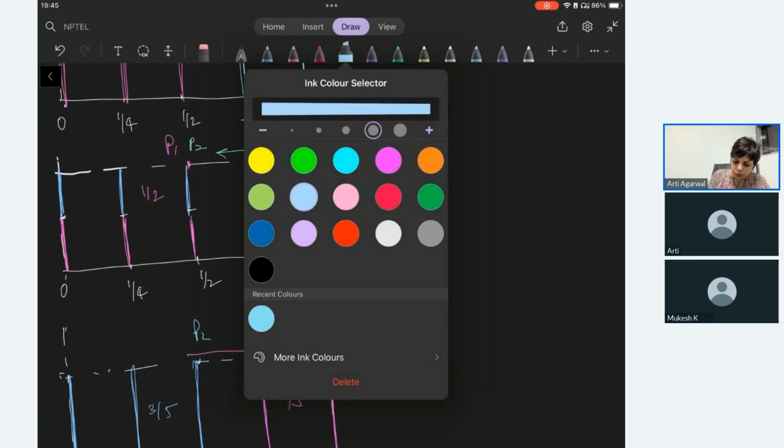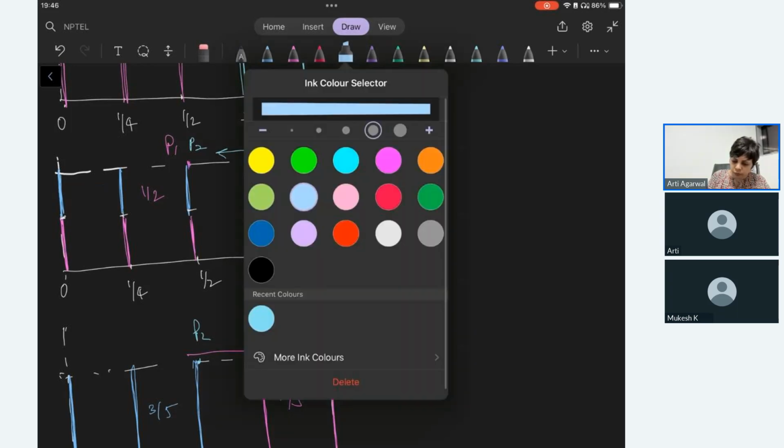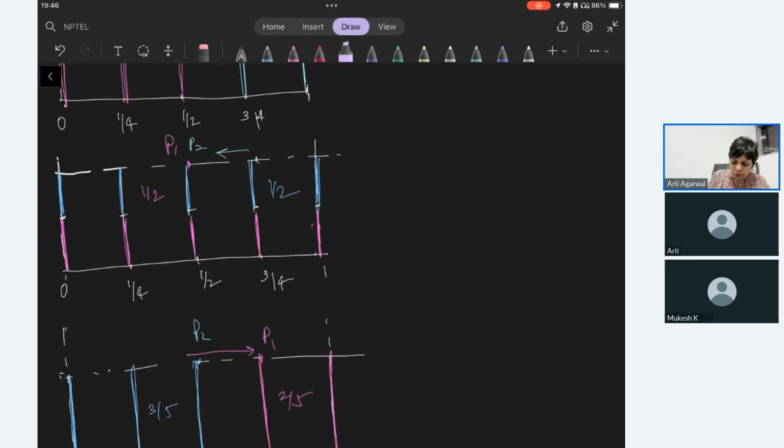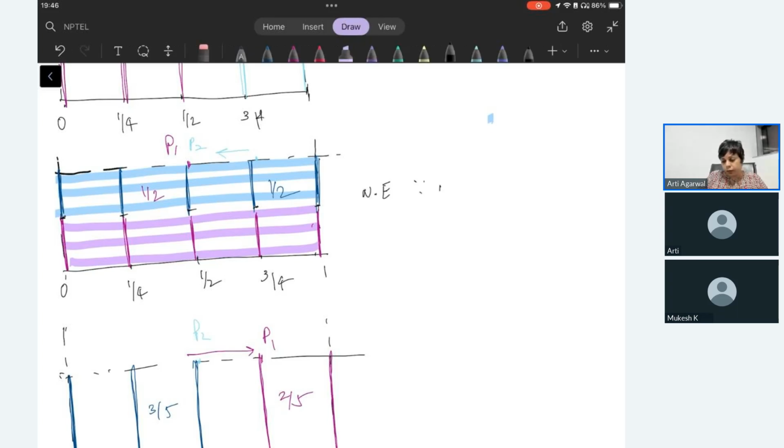So this, the vote share here, and this is the Nash equilibrium. Something like this. And this is the Nash equilibrium because there is no incentive to deviate.